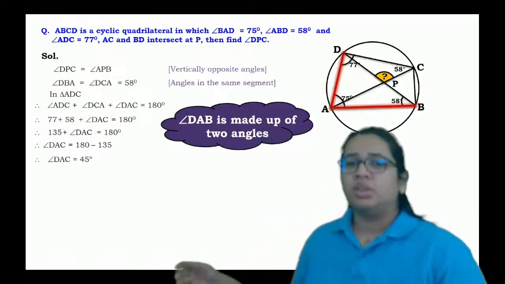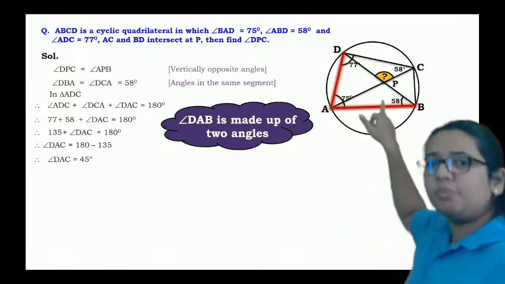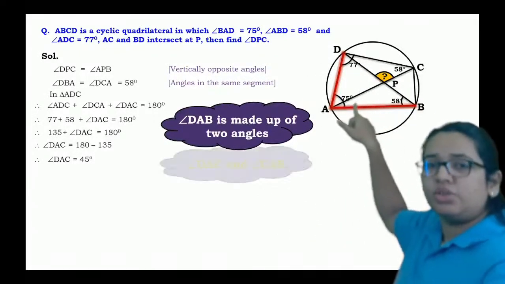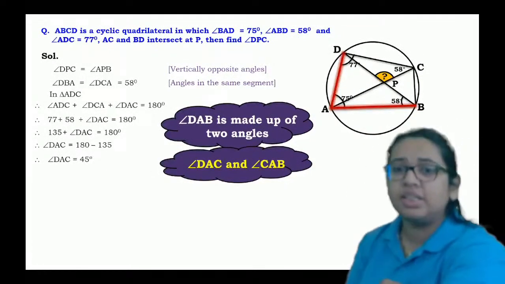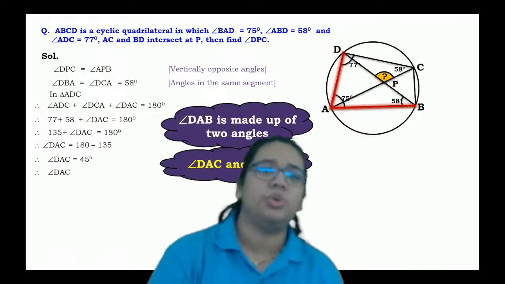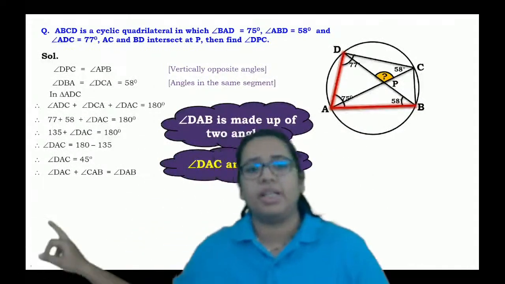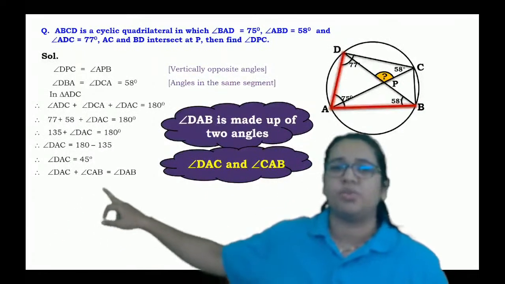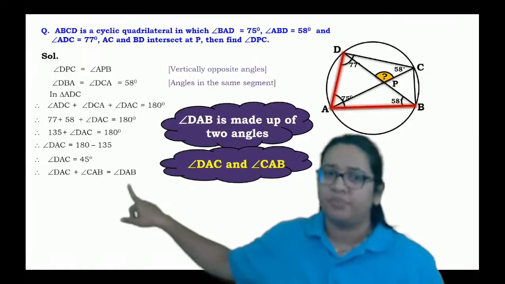Okay. Now, we can see that measure of angle DAB is made up of two angles. So for this, DAC and CAB are two neighboring angles. If that is the case, then you can easily say that measure of angle DAC plus measure of angle CAB is equal to measure of angle DAB, right?